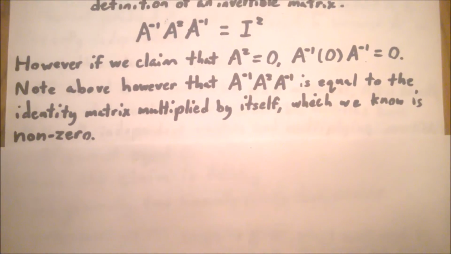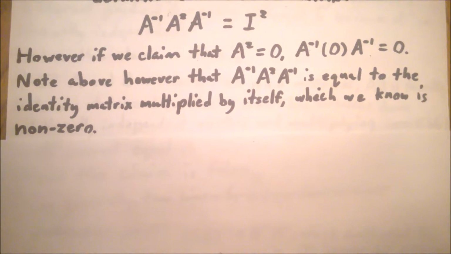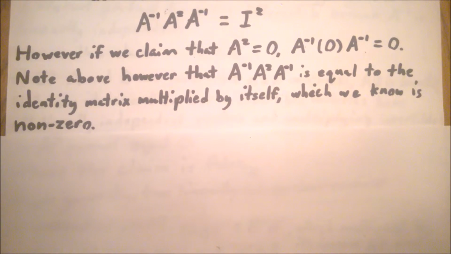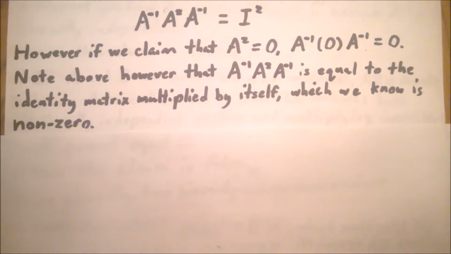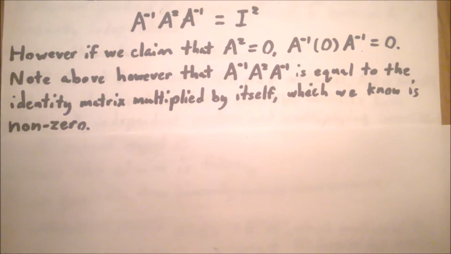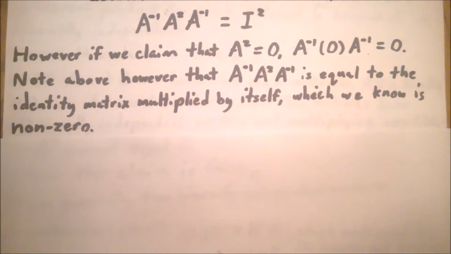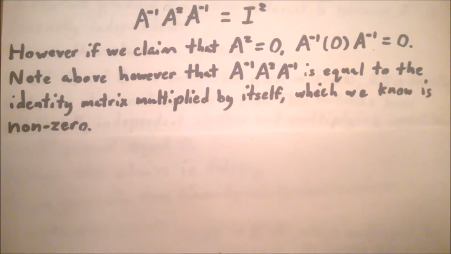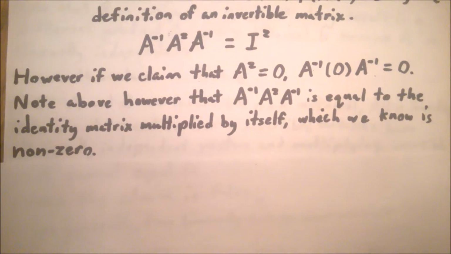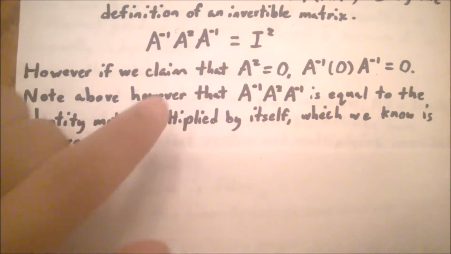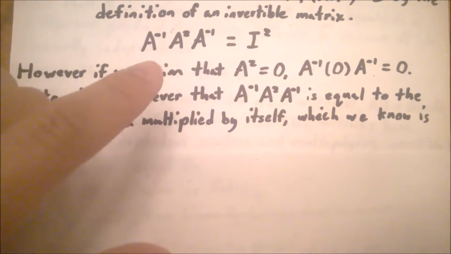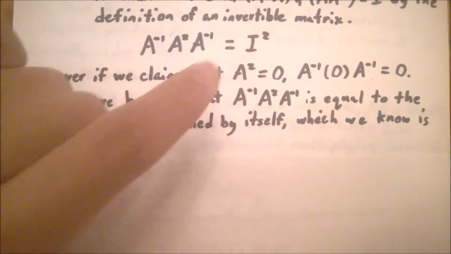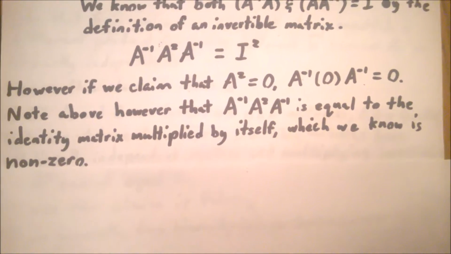So remember the claim above. The claim above said that there exists some invertible n by n matrix A such that A squared is equal to 0. If we claim that A squared is equal to 0, we can plug in A squared into the above equation. Now, we can see here that A inverse times A squared times A inverse must equal the identity matrix squared, which is a non-zero matrix.